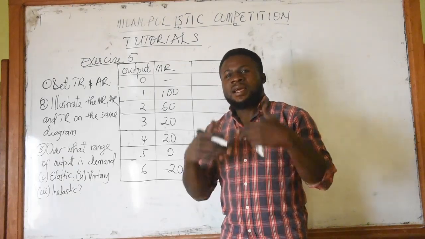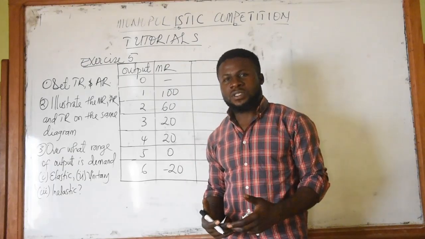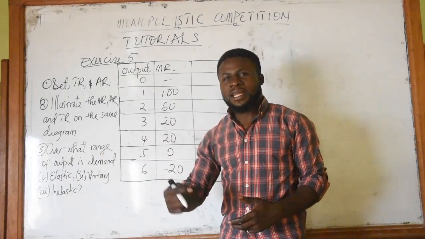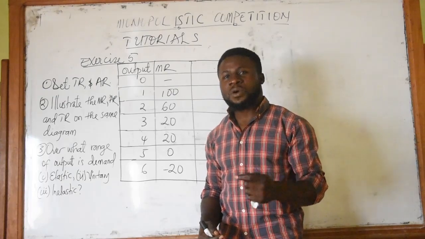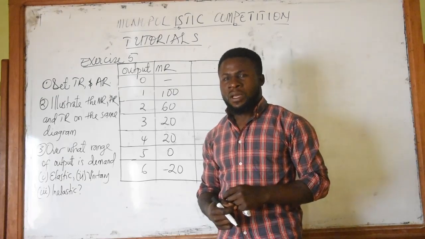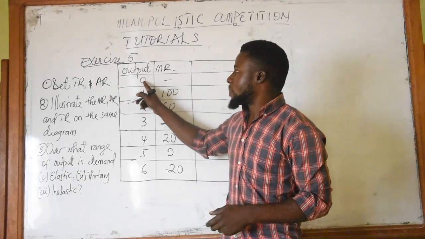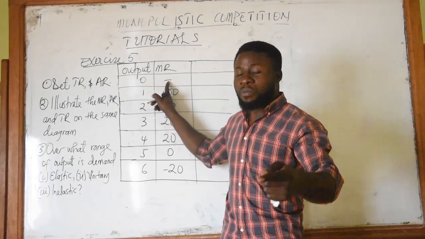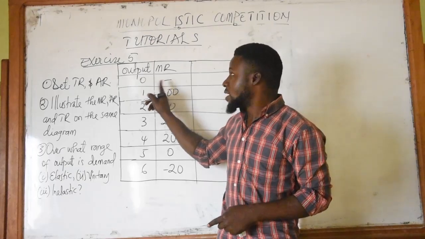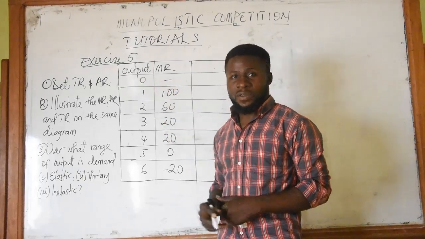If I were producing nothing, then the extra revenue from producing nothing will be nothing. That is why at output 0, marginal revenue is 0.